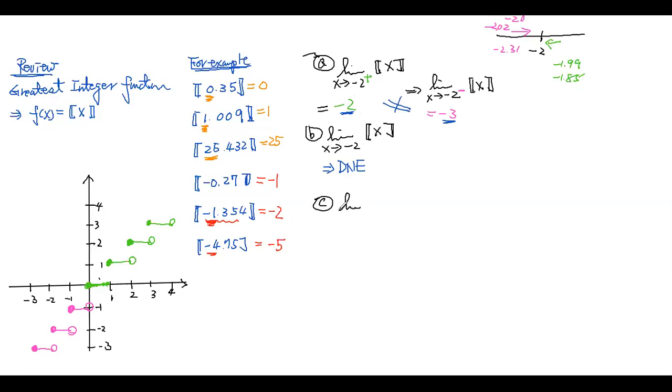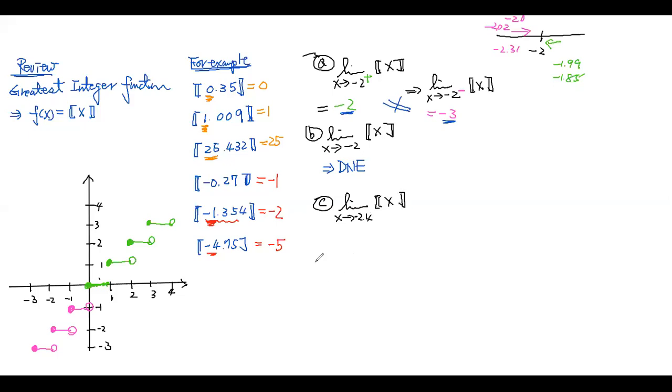Okay, now let's take a look. The limit as x approaches -2.4, all right? Okay, -2.4, I think it's -2.4, right? So the limit approaches -2.4 for the greatest integer function here, right?